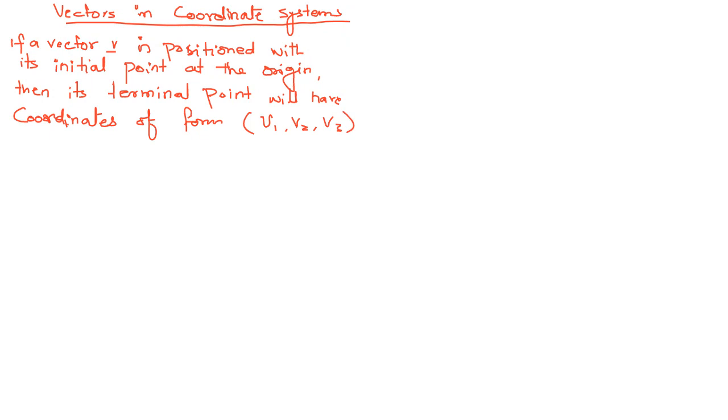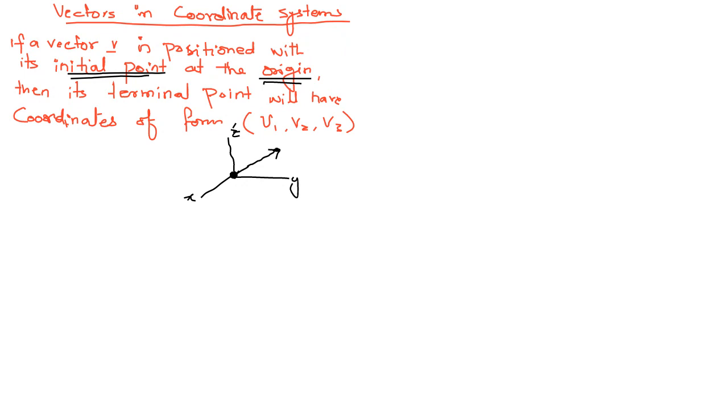We call that the rectangular coordinate system. For example, this is the x, y, and z plane: this is x, this is y, this is z. The initial point is at the origin, and any point you take, you make the vector with it, so this point is the coordinate of the vector.